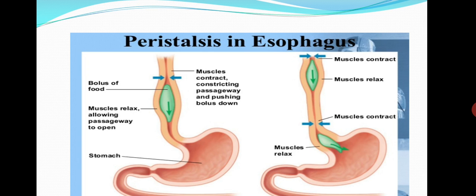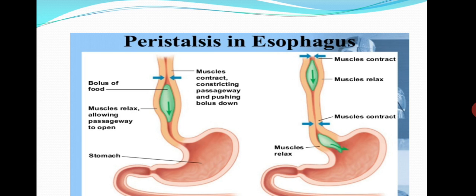As the bolus of food enters the esophagus from the pharynx, the muscles of the esophagus contract, constricting the passageway and pushing the bolus down. The muscles after that relax, allowing the passageway to open, and here the lower esophageal sphincter in the second picture will relax, allowing the food to enter the stomach.